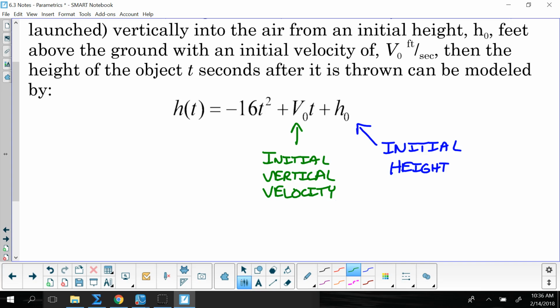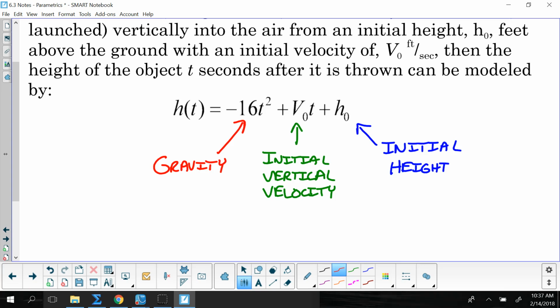What's the third component acting on my object as it's flying? Gravity. And this negative 16t squared comes out of the gravitational constant. It's actually the derivative of the gravitational constant, because the change of your rate of change is changing.